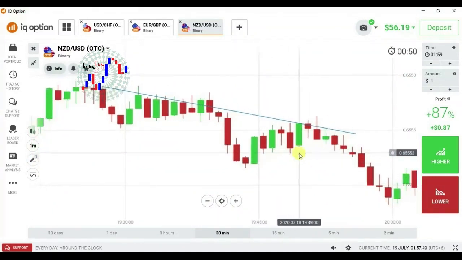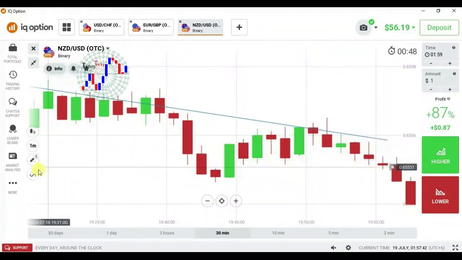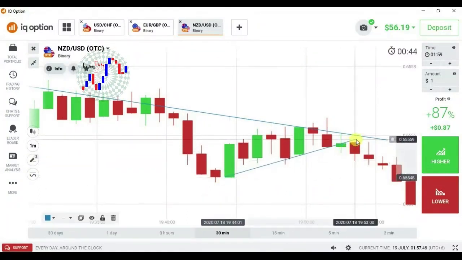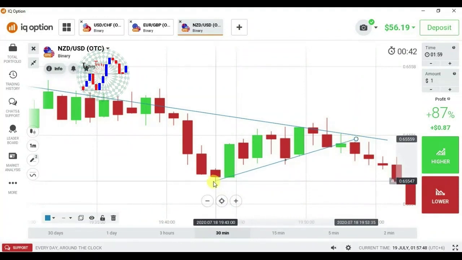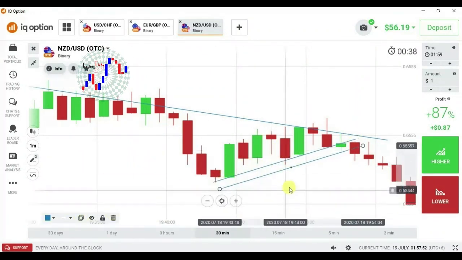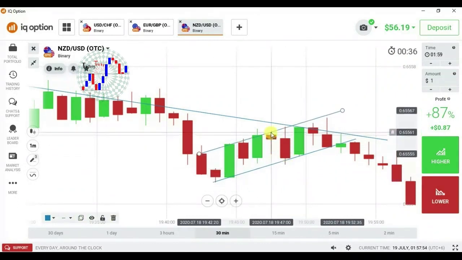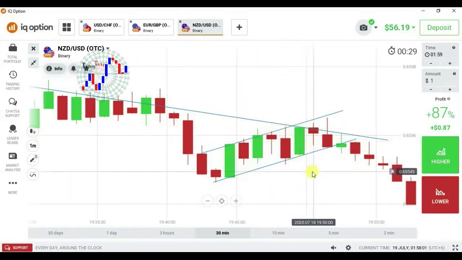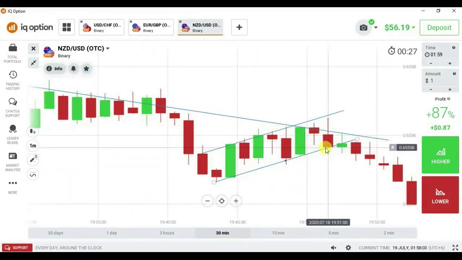We can only predict, but if you draw a level something like this, because this is a trend line, now the market is following this trend line, so you should follow even very small things too. So this is a trend line for like 10 minutes. Okay, so the candle closes at the lines.